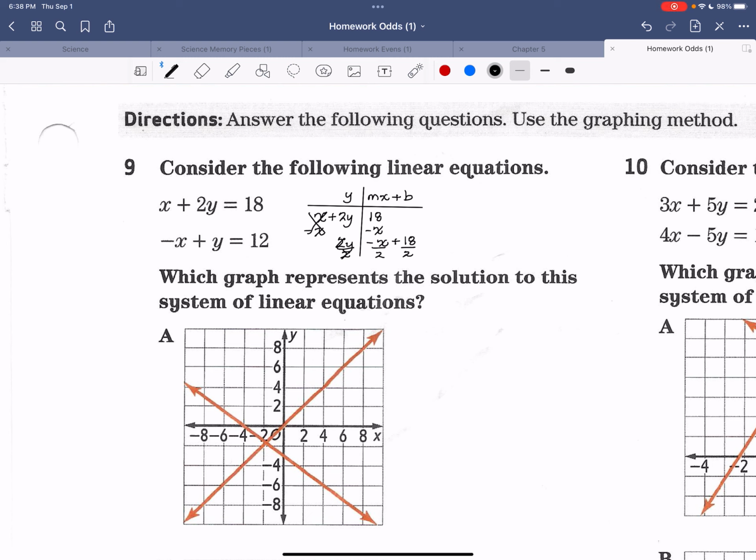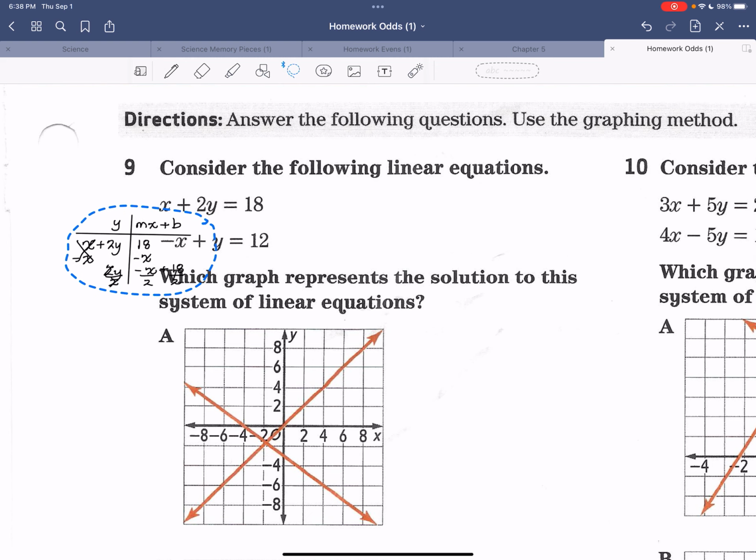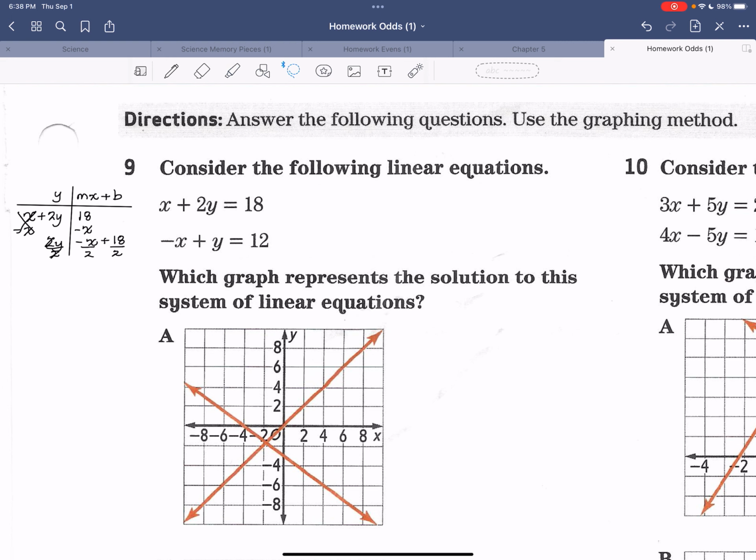So I'm left with y equals negative 1/2 x plus 9. So I can tell you that the slope of this equation is negative 1/2, and the y-intercept is (0, positive 9).